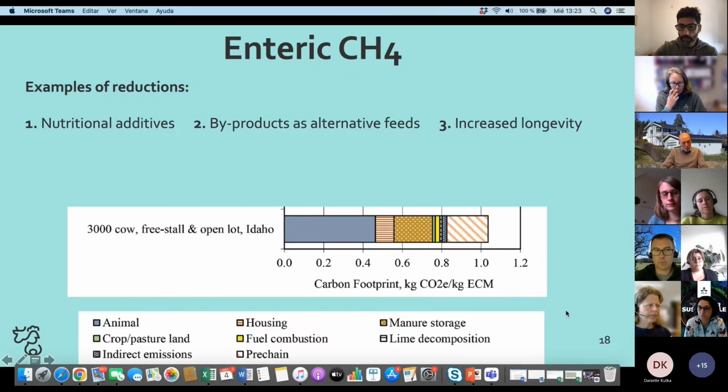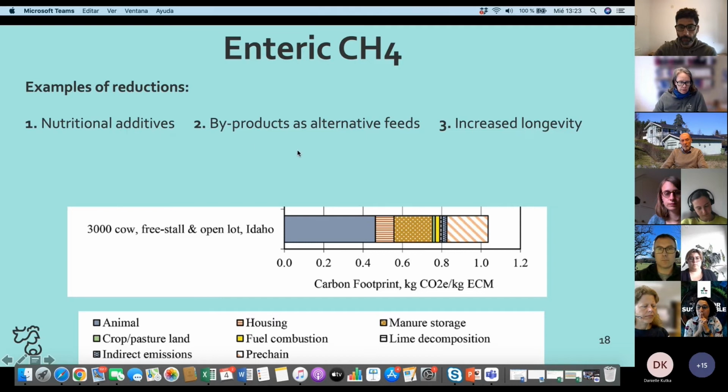So just to finish, I'll show you a few examples of how we can reduce, in this case, enteric methane emissions through different interventions that can potentially be applied in different systems, using the intensive dairy cattle system we had at the beginning of the presentation. One could be the use of nutritional additives, so compounds that can be specifically added into the diet to reduce methane production in the rumen without affecting other parts of the production or other attributes of the digestion.